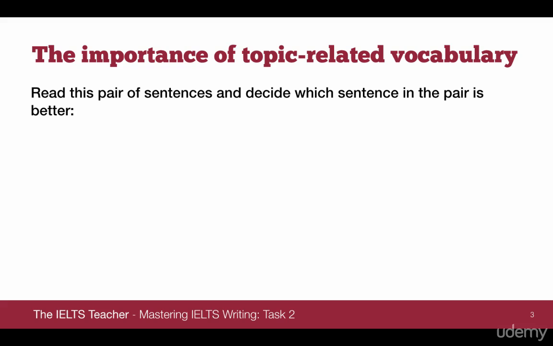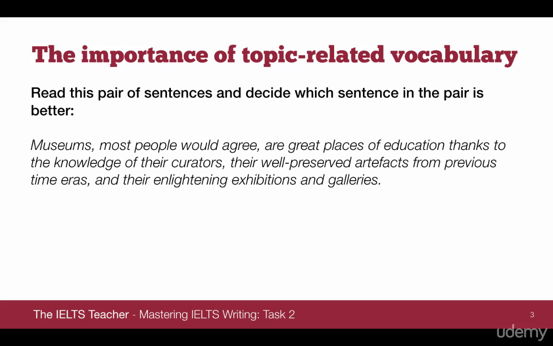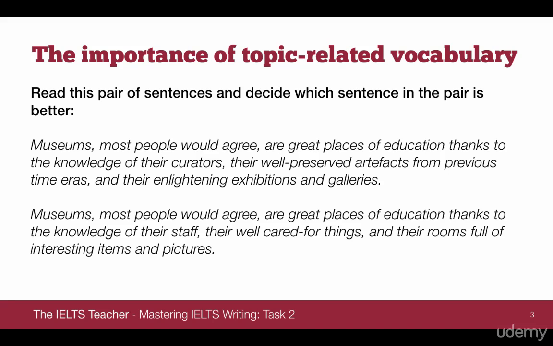So the first sentence here: museums, most people would agree, are great places of education thanks to the knowledge of their curators, their well-preserved artifacts from previous time eras, and their enlightening exhibitions and galleries. Contrast that with the second sentence: museums, most people would agree, are great places of education thanks to the knowledge of their staff, their well cared for things, and their rooms full of interesting items and pictures.